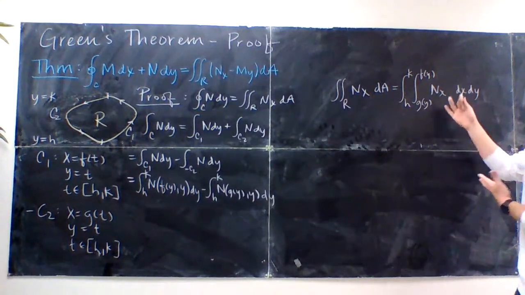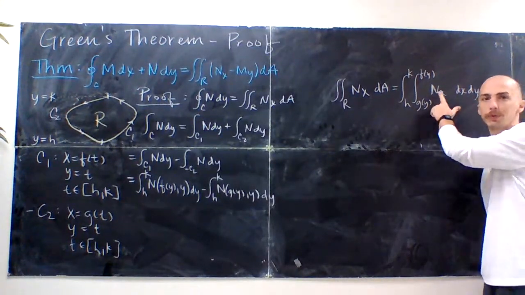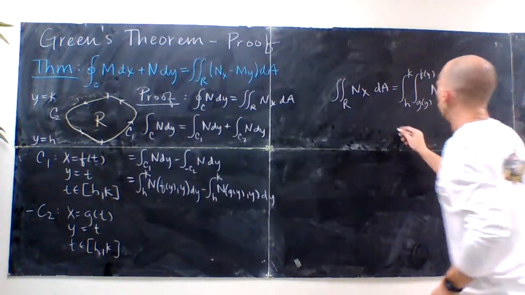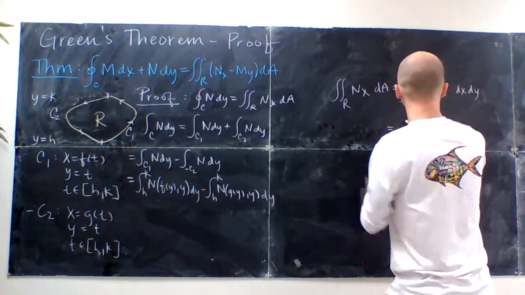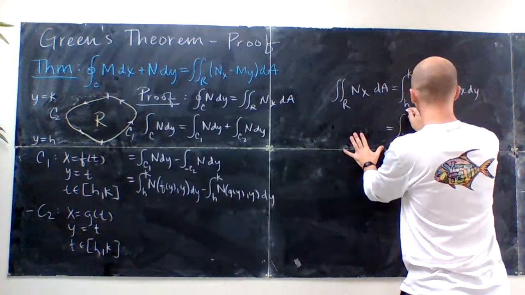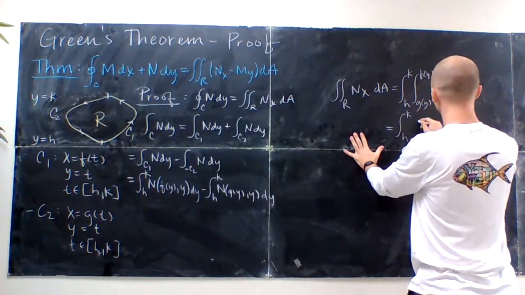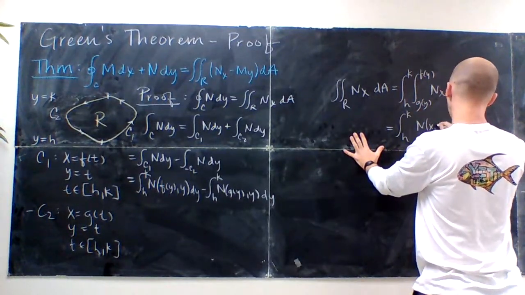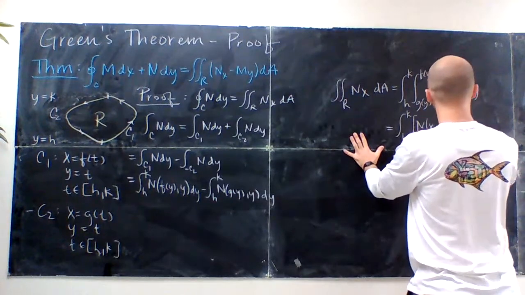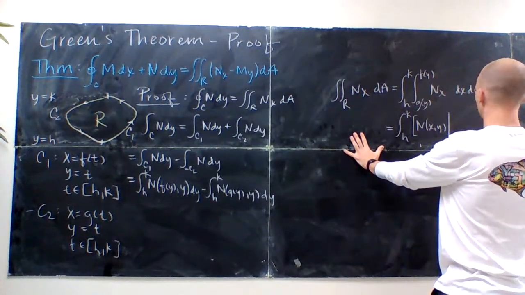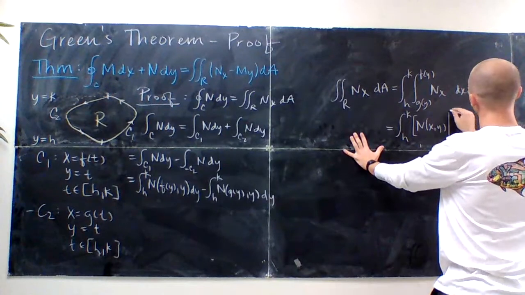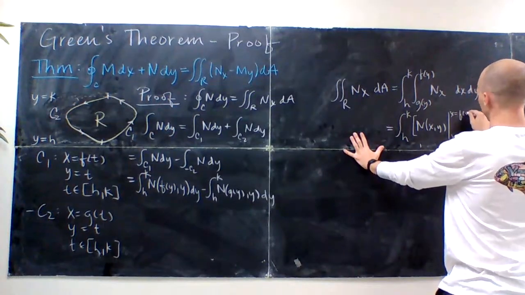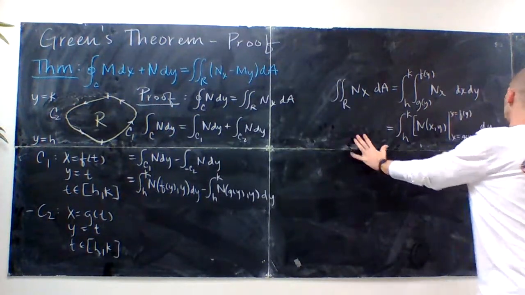And much like before, I'm going to take the antiderivative of nx with respect to x, and I'm going to get n. And so this is going to be equal to the integral from h to k of n of x and y as x runs from g of y to f of y. Okay.